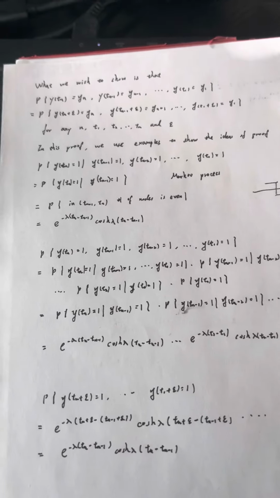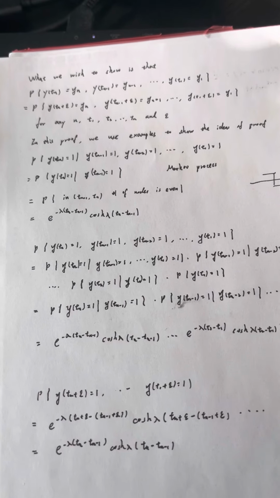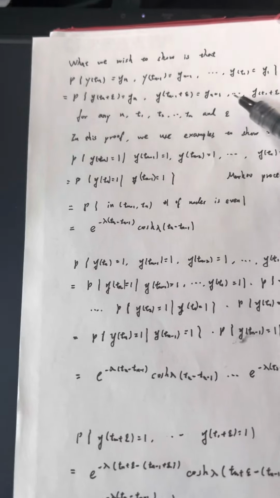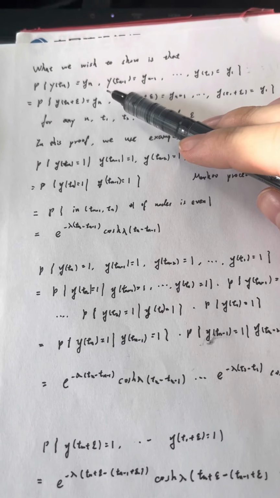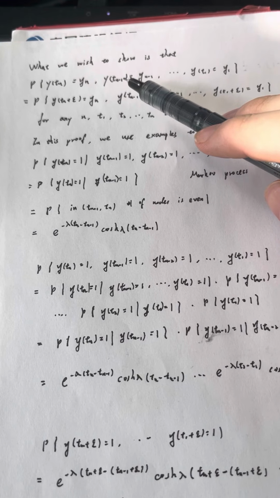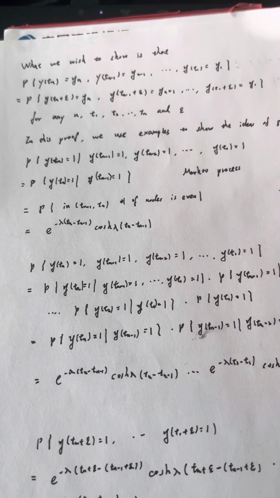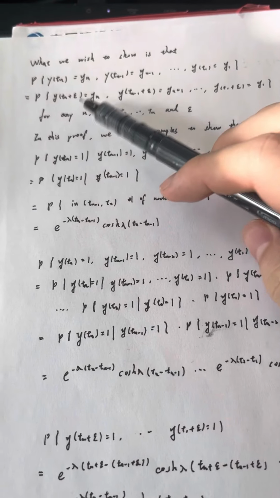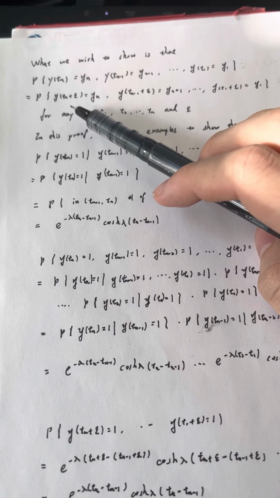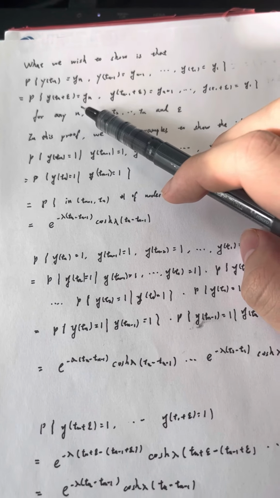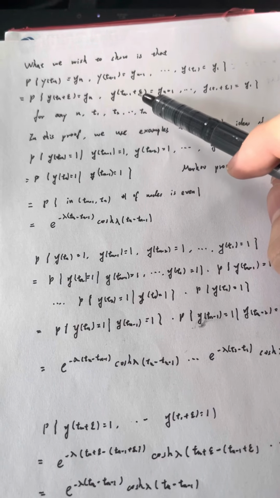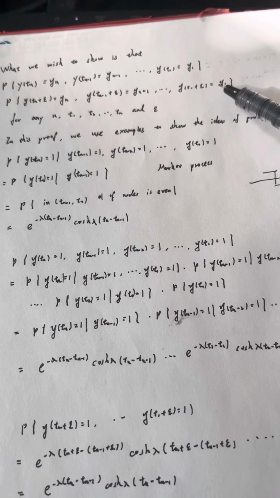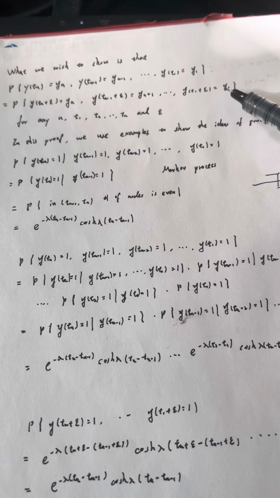So the task is to prove that a random telegraph signal is an SSS process. Here what we wish to show is that the probability of Y(t_n) = y_n, Y(t_{n-1}) = y_{n-1}, and so on until Y(t_1) = y_1 equals the probability of Y(t_n + epsilon) = y_n, Y(t_{n-1} + epsilon) = y_{n-1}, until Y(t_1 + epsilon) = y_1.